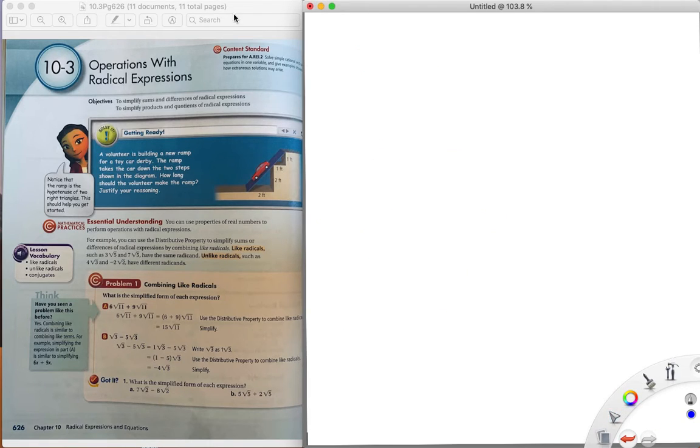So here they give me, for A, 7 root 2 minus 8 root 2. Again, 7 minus 8 is negative 1. So 7 root 2 minus 8 root 2 is negative 1 root 2, which just gives me negative root 2.